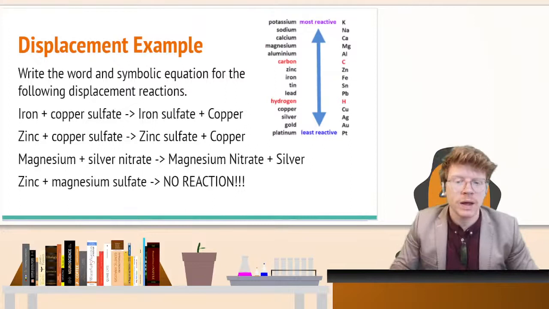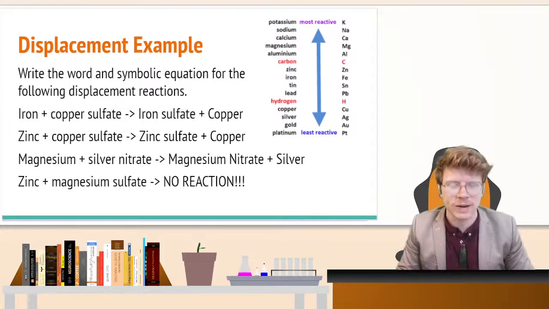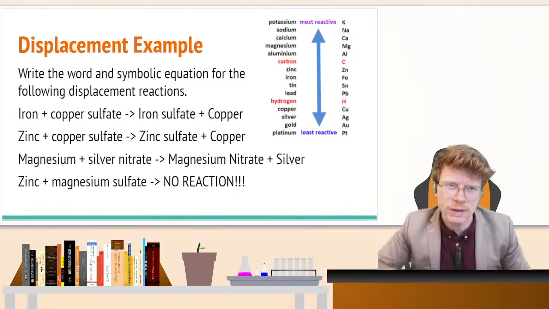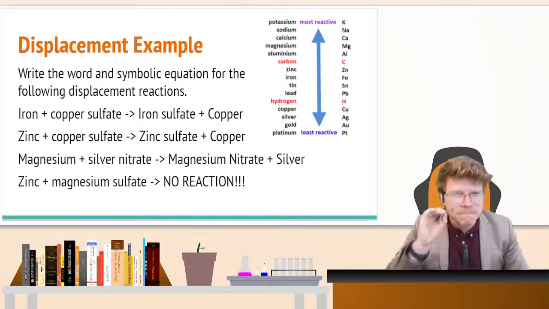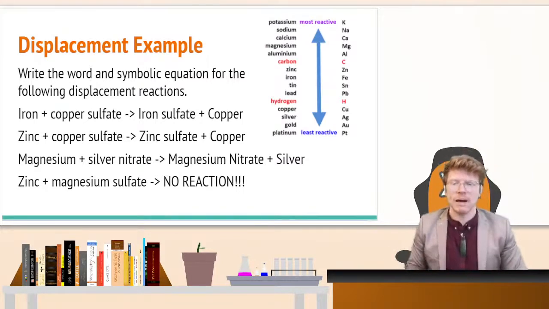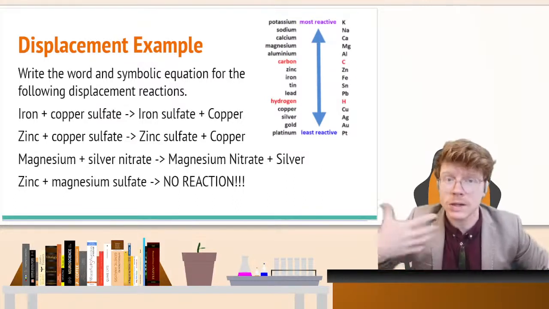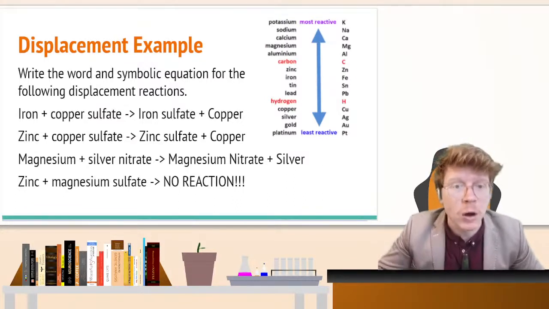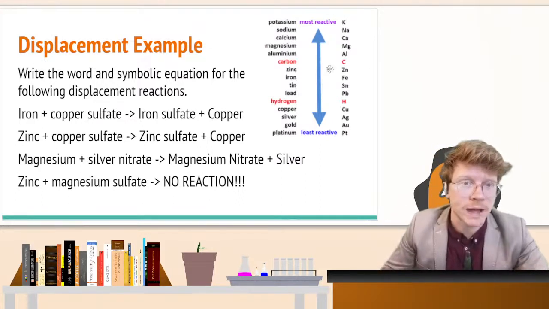All the other ones, the cation in the compound is less reactive than the metal being introduced. So as a result, they are going to displace it, but just keep in mind that that might come up, right? We might have an example where a reaction does not occur, and that is because of this reactivity series. Yep, that's all you need to know for that.